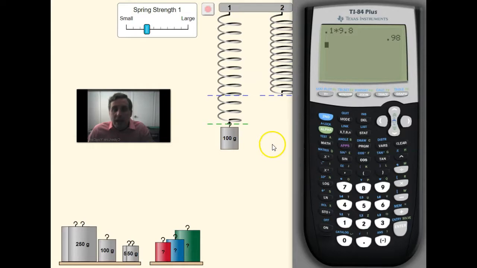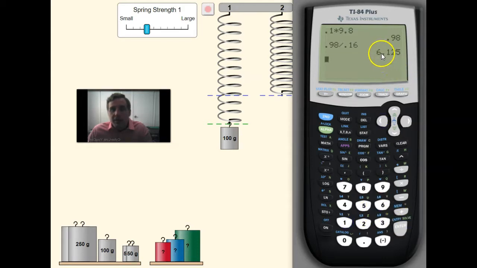And we're going to take that weight and divide by the displacement of 0.16, that is 16 centimeters, and we'll get the Hooke's law spring constant in newtons per meter.